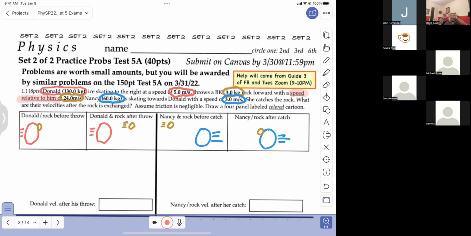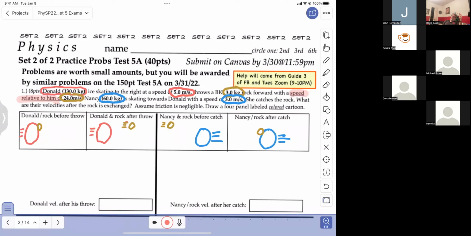If you can see my hands, my fingers. I don't know if you guys can see me, but they could be skating towards each other like they're doing here, or they could be skating away from each other, or they could be skating the same direction. So there's all these different, or maybe Nancy, if it were this thing, is not moving to begin with.